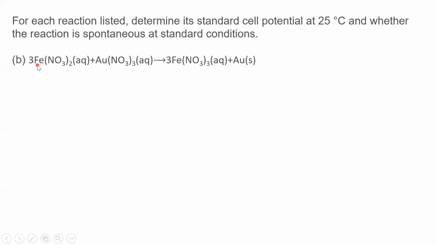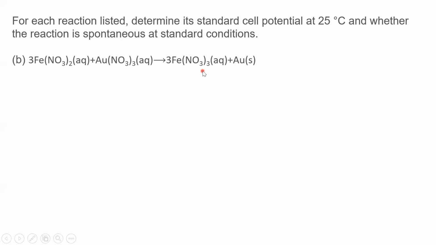That's what's going to take place in the anode compartment. The gold is going from a +3 charge to a 0 charge. So the gold is being reduced in this reaction, and that's what would take place at the cathode compartment.